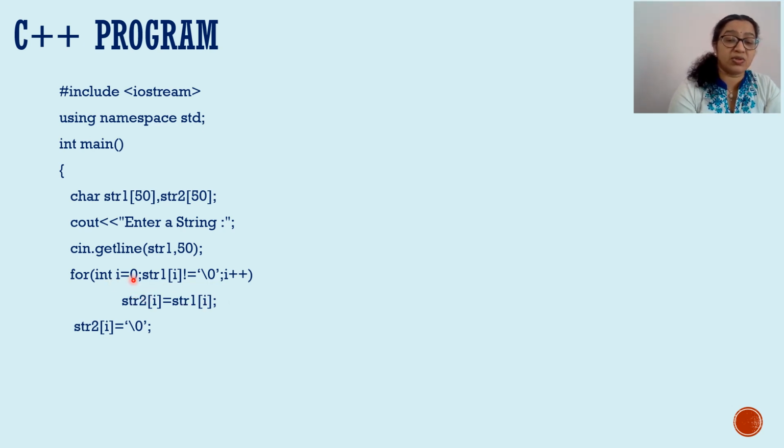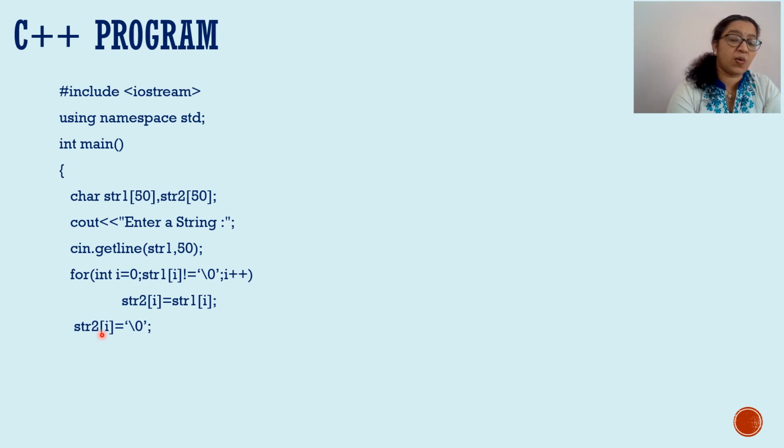I is equal to 0 onwards we start, and we use the I plus plus statement till \0. When it reaches that \0, we can stop the loop. And at the end, we set the \0 at the ending of str2 at the ith position.